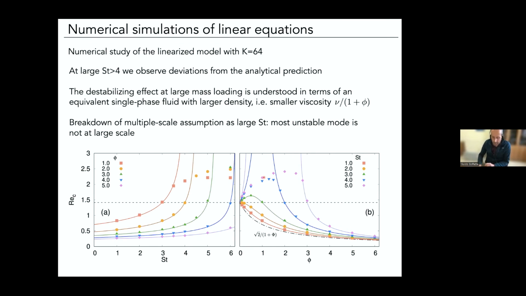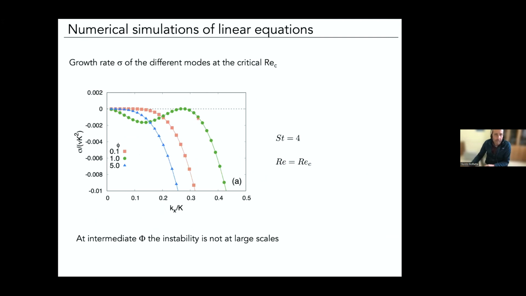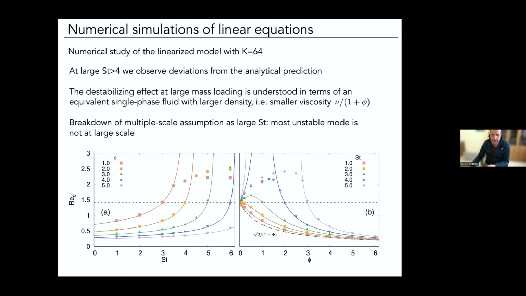But for intermediate value of the mass loading, which is this green line, phi equal 1, the most unstable mode is of order 0.3. In any case, it is a finite size mode. So in this case, the multiple scale assumption is not valid anymore, and so the stability cannot be captured by the analytical prediction. So it's not a surprise that for intermediate value of phi, the multiple scale analysis fails.